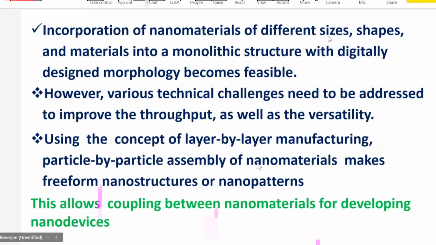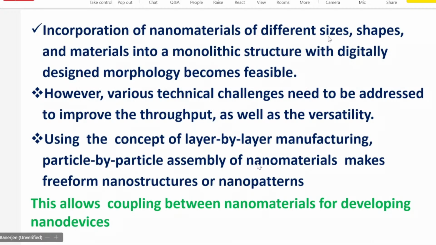Once you do that, you see what I have written there: you have to incorporate nanomaterials of different sizes and stages. These are all the stages. And the material is a monolithic structure, because ultimately you have to get a monolithic structure. You cannot wash with an atom. That structure is a digitally designed morphology. Morphology is also digitally designed.